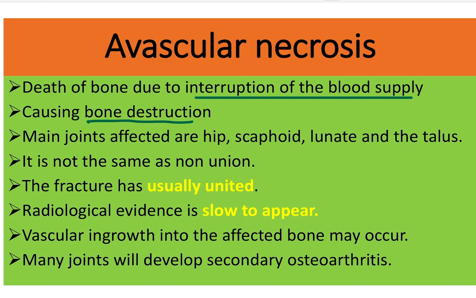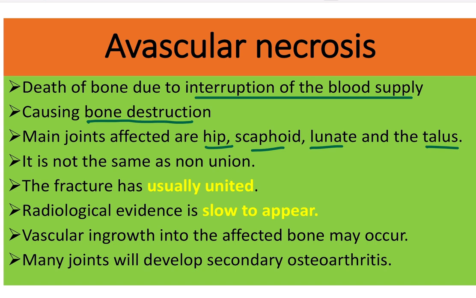The main joints affected are the hip joint, scaphoid, lunate, and talus. Actually, bones that get a poor blood supply, with a small amount of blood vessels, have a chance of developing avascular necrosis.